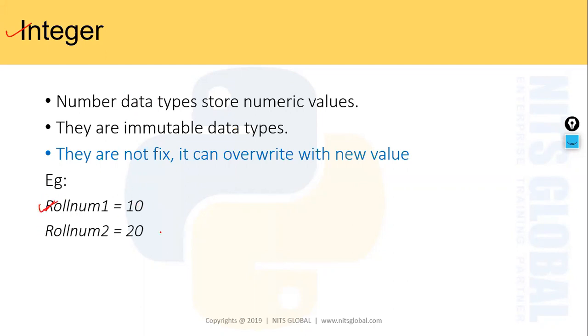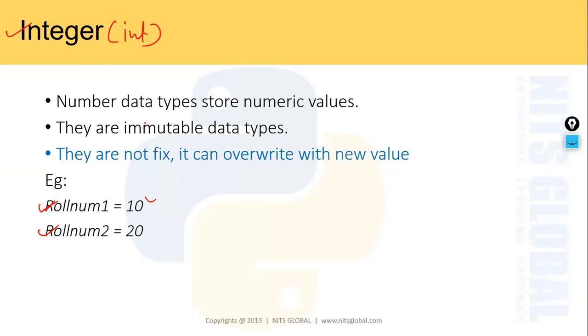Roll number 2 has the value 20. So any number you want to store under a variable, we should use the integer data type. In short, we can write it as int as well.